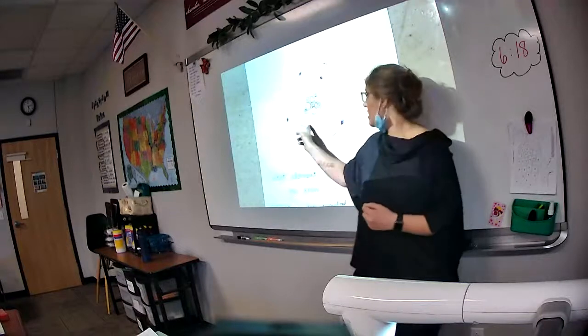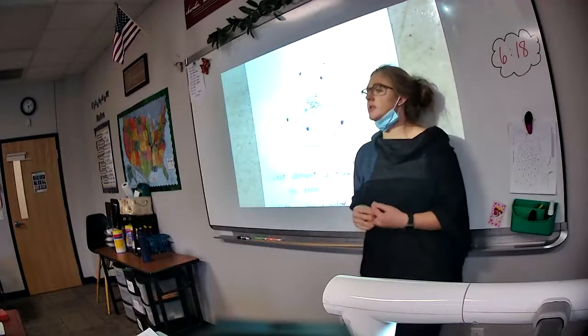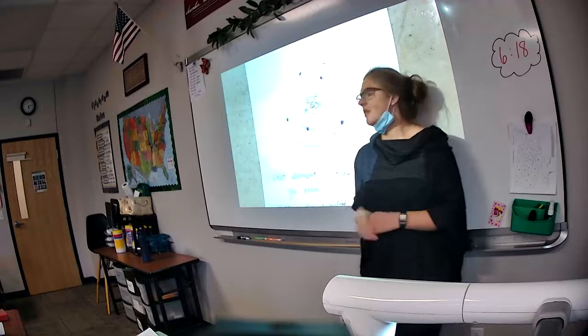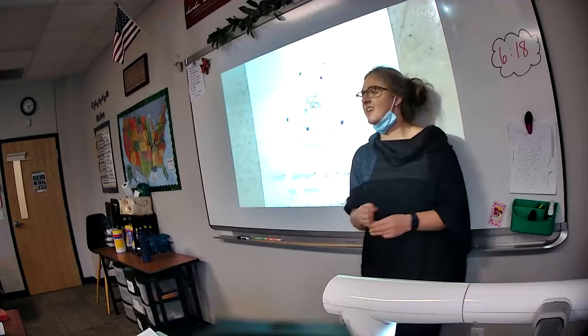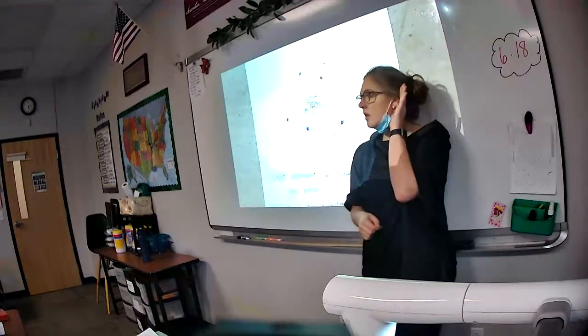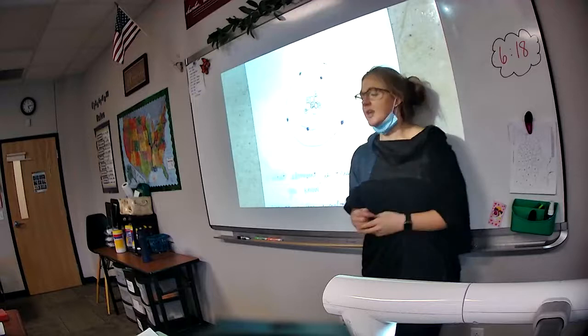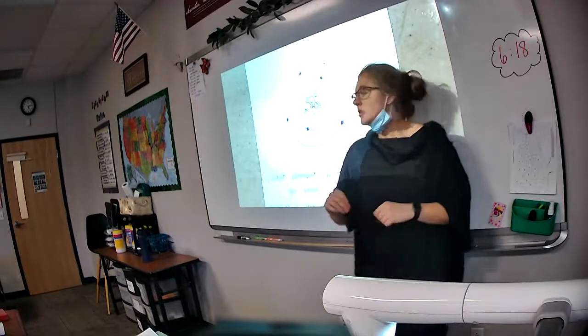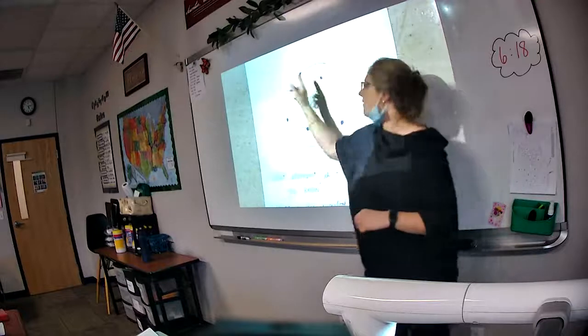Okay, you don't count the shell as full, so what are valence electrons? Where did you find them? Good. It's the number of electrons on the last shell, or the outer shell. So there are 1, 2, and 3.